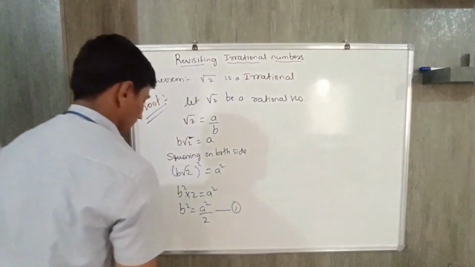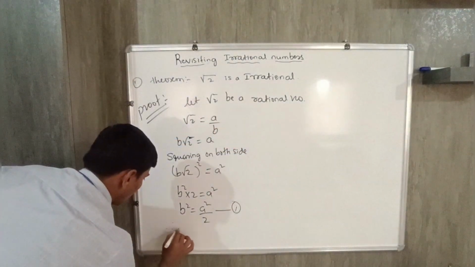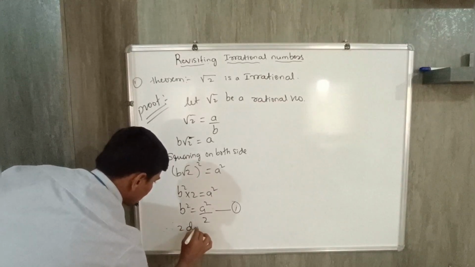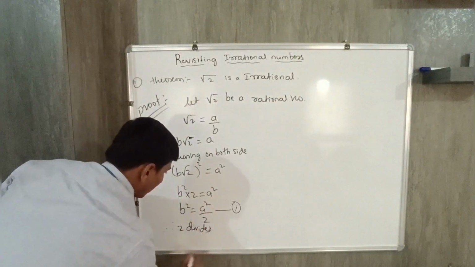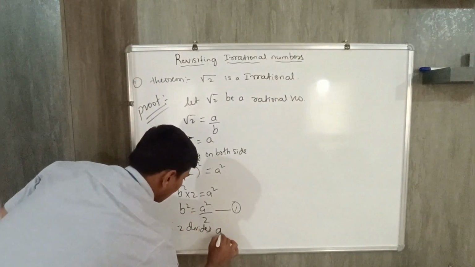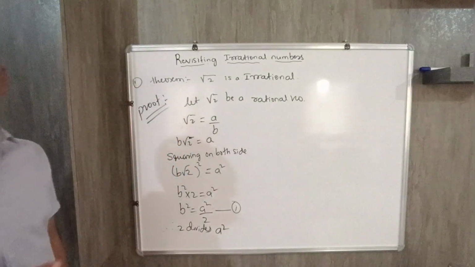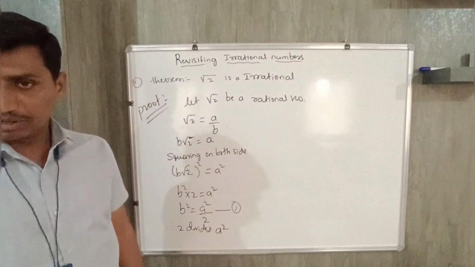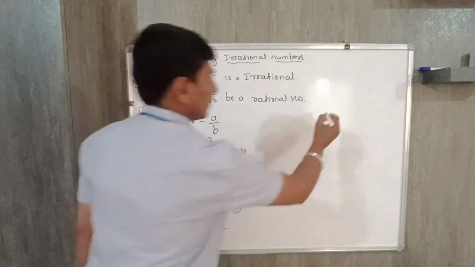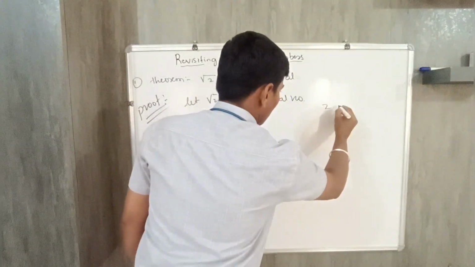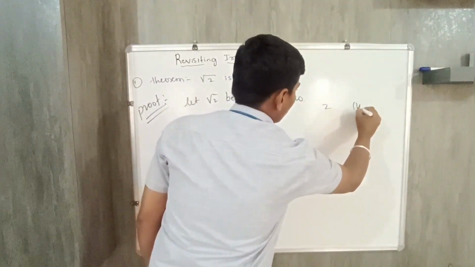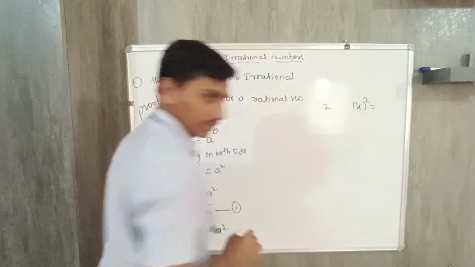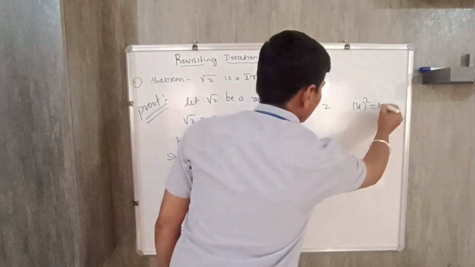Therefore 2 divides a square. See, for example, 4 whole square equals what? 16.